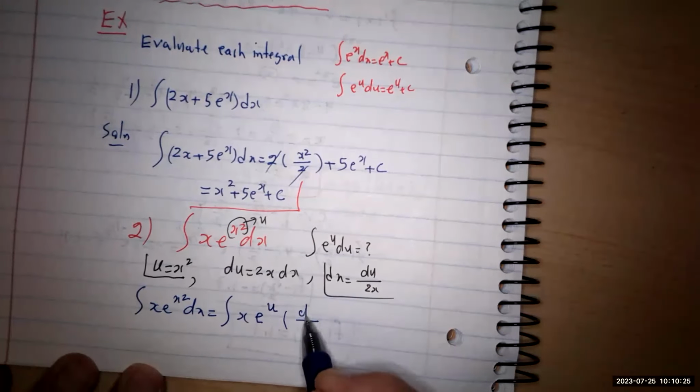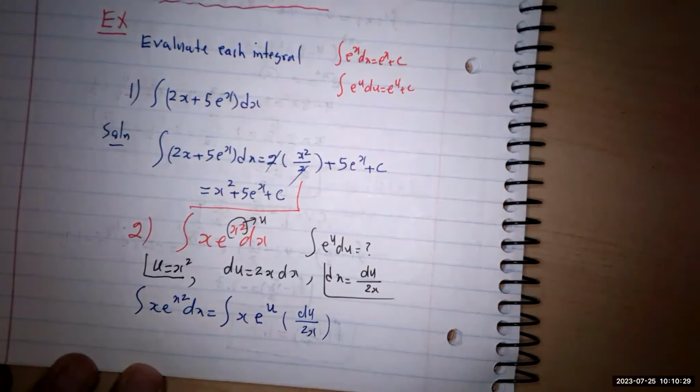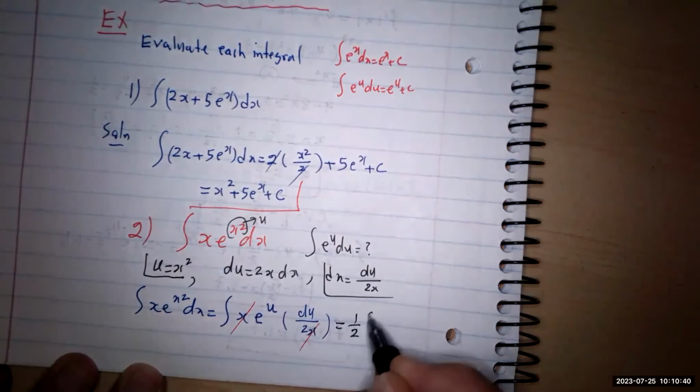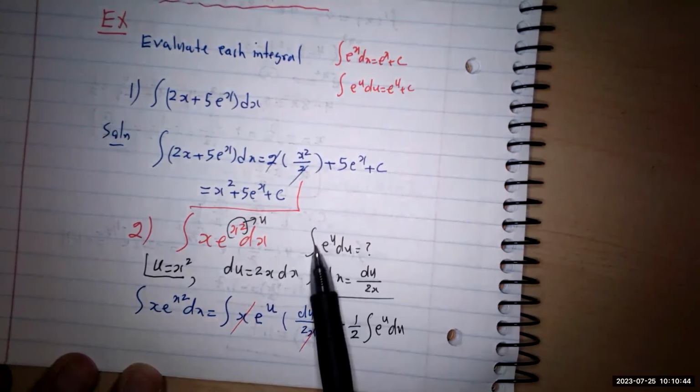Dx is the du over 2x. There you are. X and x would cancel out. Left over 1/2. Put it out, you get your target. 1/2 integral of e to the u du. See?